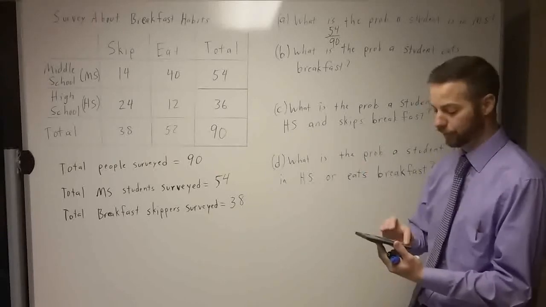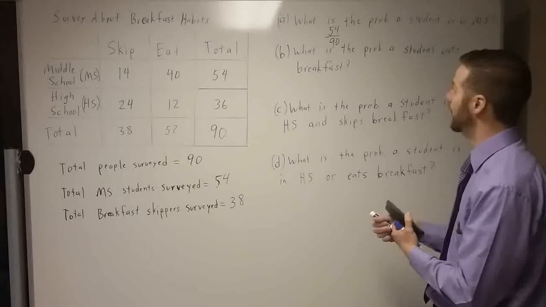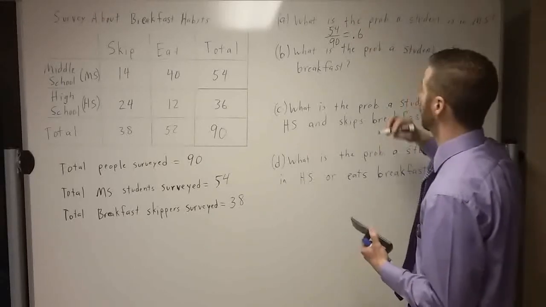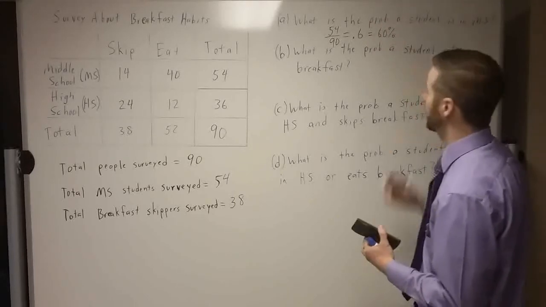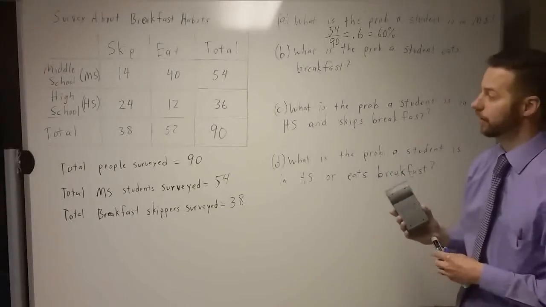So I'm going to do 54 divided by 90 here, and this comes out to 0.6. You could just say the probability is 0.6. Or if you move the decimal point two places, if you like a percentage, there's a 60% chance that a student picked out of this survey is in middle school.